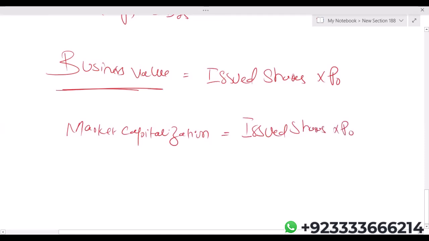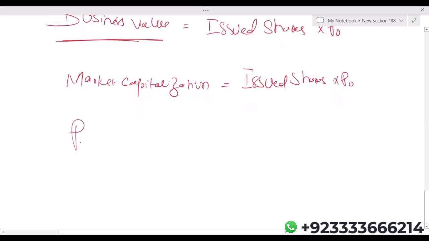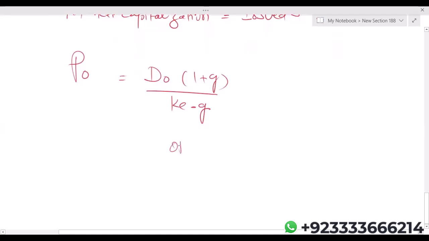Now, another important concept. Look at the formula. P naught is equal to D naught (1 plus G) over K minus G. If we replace D naught with the annual dividend, then we'll directly get the business value.